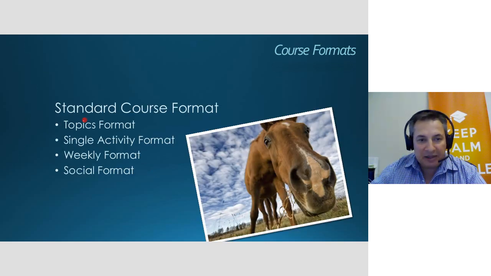The standard plugins that we will be covering, the ones that come out of the box in Moodle, are the topics format, the single activity, the weekly and social formats.